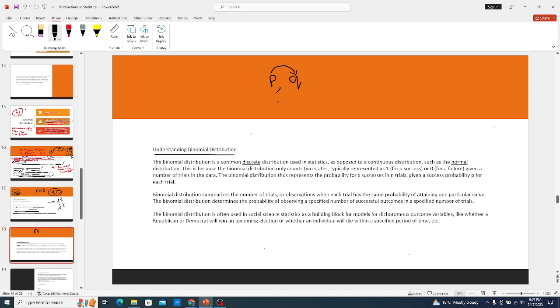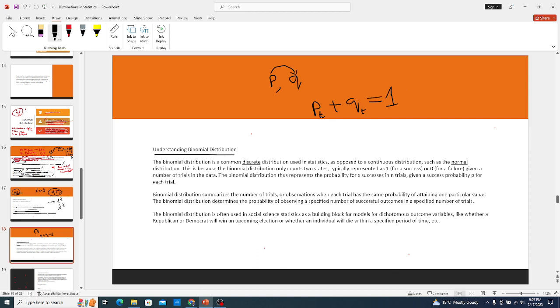And what does survival analysis state? The probability of living plus the probability of death is equal to 1.